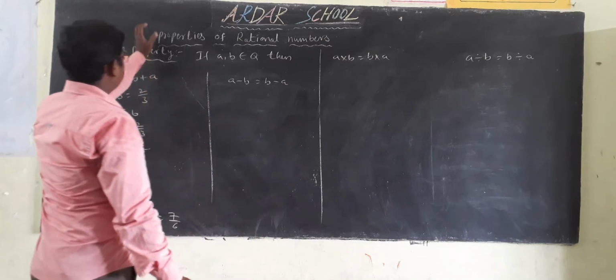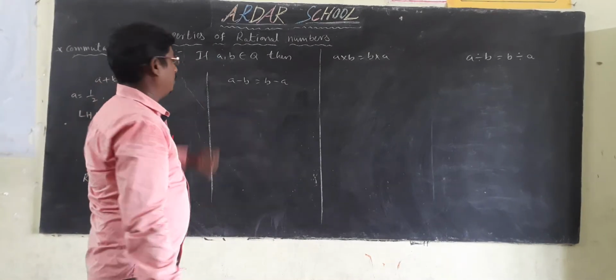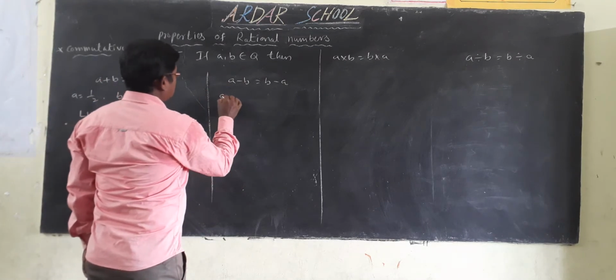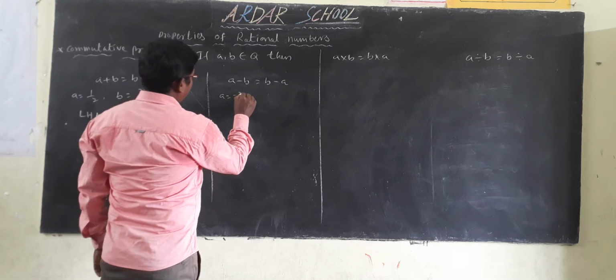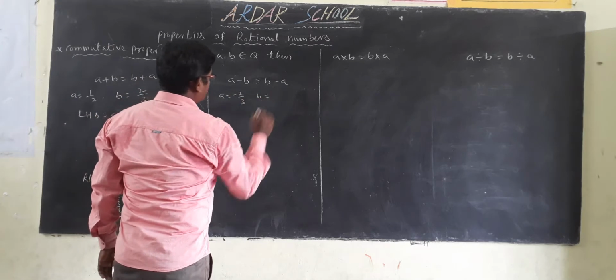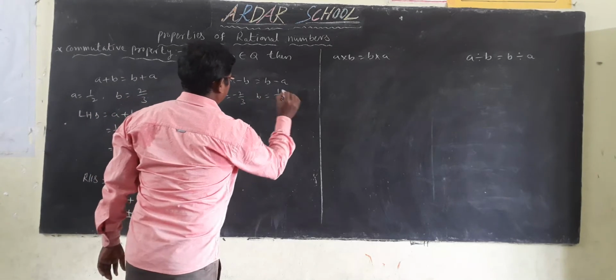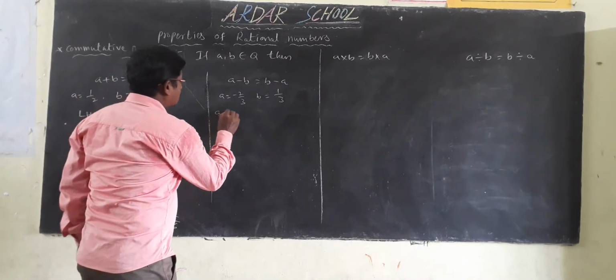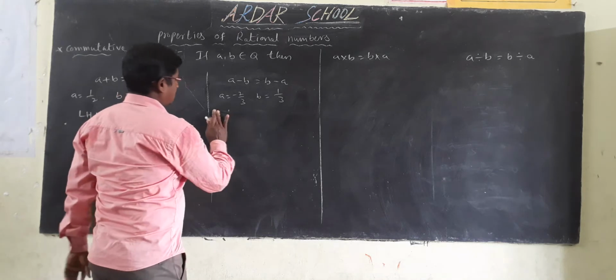Commutative property under subtraction. Here take another example. A is equal to minus 2 by 3, B is equal to 1 by 3. So here A minus B is equal to LHS.